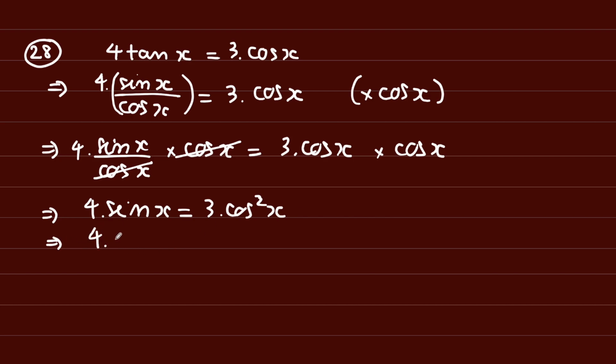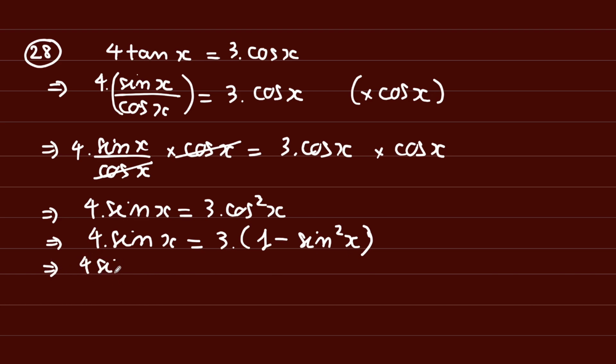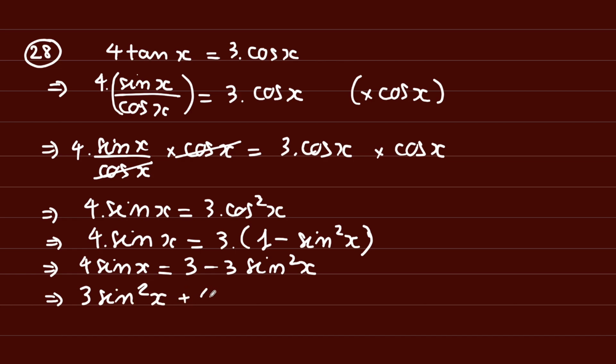Yeah, so based on this you got 4 sine h equal to 3 multiply 1 minus sine square h, right? Here is sine h, and you have to expand this bracket. The right hand side will become 3 minus 3 sine square h. Okay, moving from right to left, you got 3 sine square h plus 4 sine h minus 3 equal to 0.